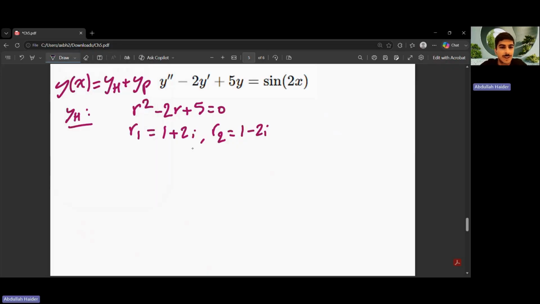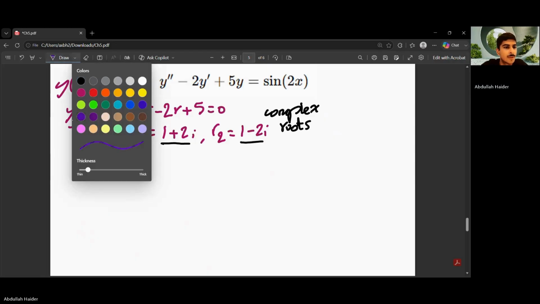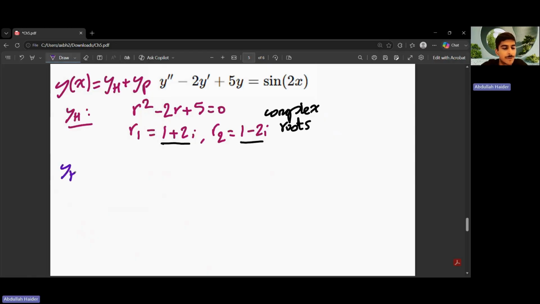So once again, you have complex roots, and our homogeneous solution will therefore be in the form C1 e power ax cosine bx plus C2 e power ax sine bx.